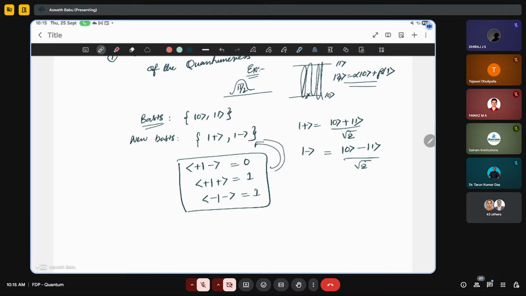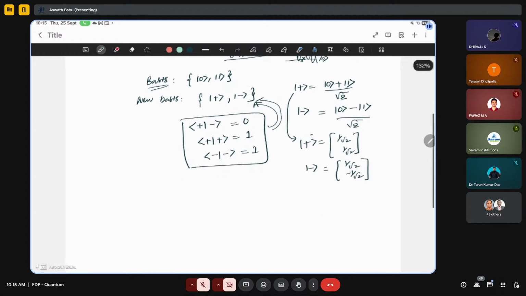And they are normal, their length is 1. If you try to find the length of the vector plus ket, it is 1 by square root of 2, 1 by square root of 2. Minus ket is 1 by square root of 2, minus 1 by square root of 2.